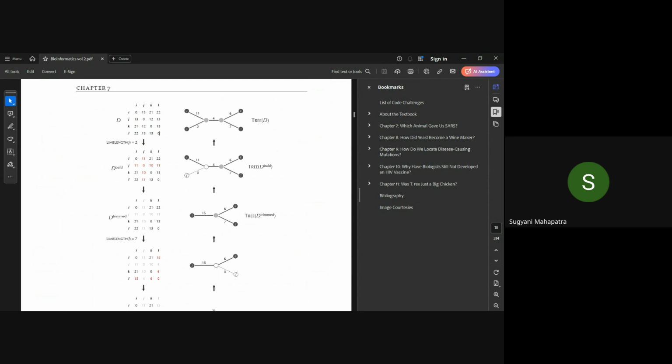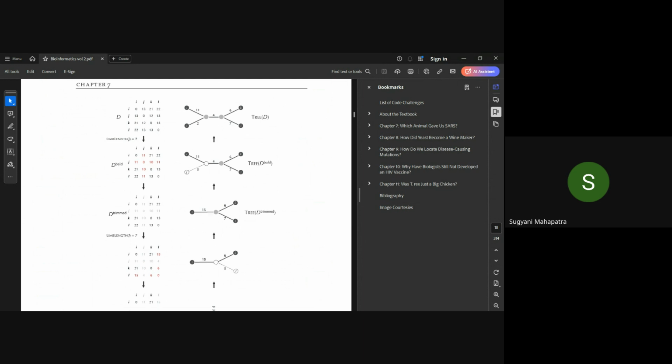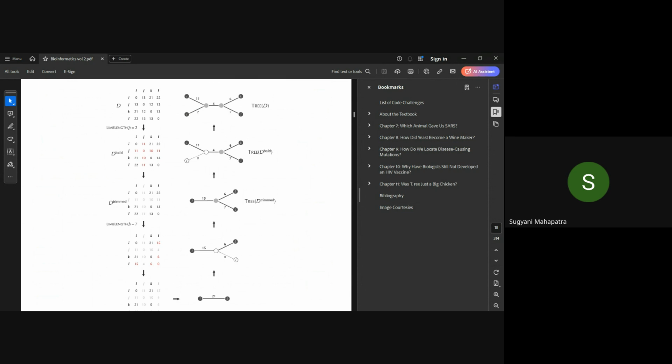You should understand how you will compute this limb length, how to compute this D bald, how to compute the D trimmed, and then how this tree is getting constructed. Maybe just run the algorithm on this particular example and see how it is constructing the tree, and just read the pseudocode.